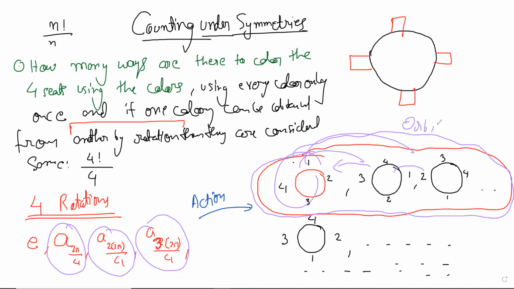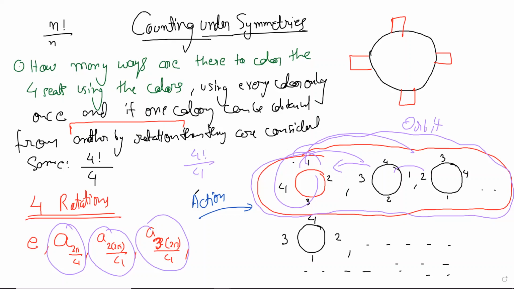This group is called an orbit. And what we are basically trying to study is how many orbits there are. Because 4 things are getting clubbed together at a time, we would have to divide the original answer by 4. That's the most basic concept of quotienting.